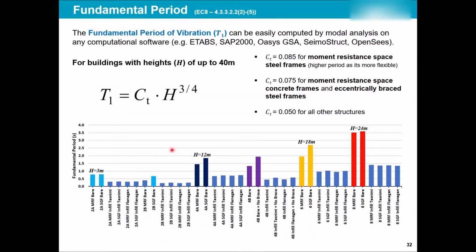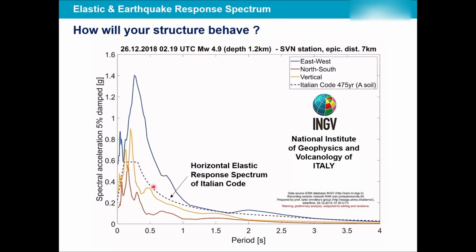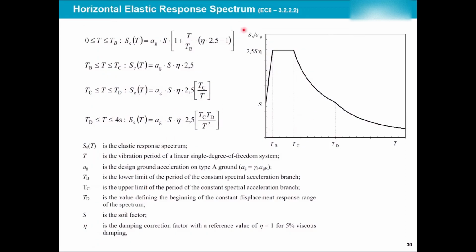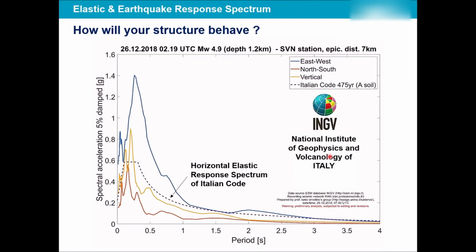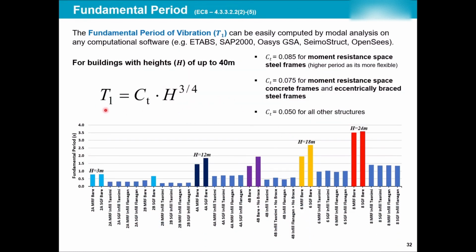Now, beside the response spectrum, you have to find the fundamental period of your structure in order to go back to the response spectrum and read what is the spectral acceleration in order to do the forces and the next steps. Eurocode suggests a formulation, T1 equals CT times the height of the building to the power of 3/4.